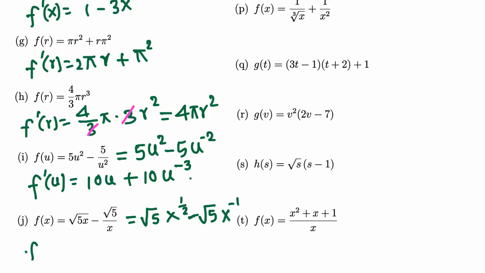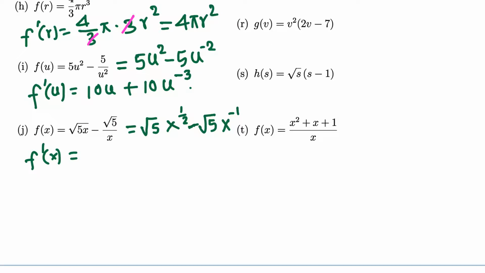Now we can take the derivative. Root 5 is a constant, so it survives, times 1/2 to the front, x raised to 1/2 minus 1, negative 1/2. Minus root 5 times x raised to negative 1, bring the negative 1 to the front, that makes positive, times 1, x raised to negative 1 minus 1, negative 2.